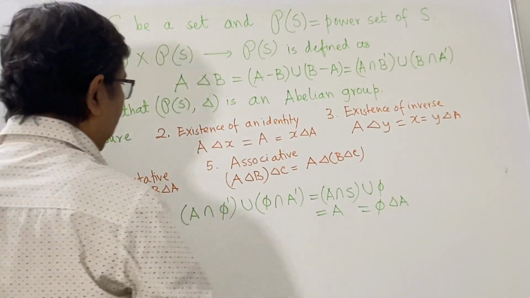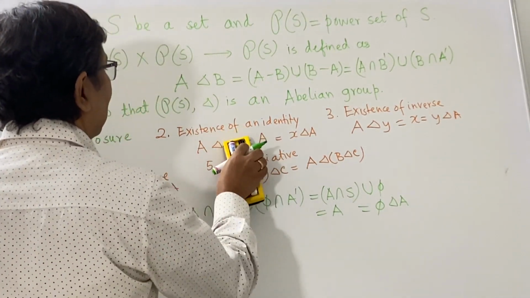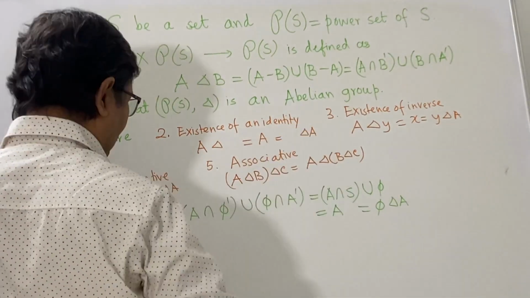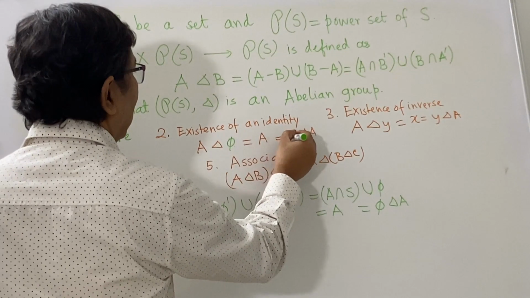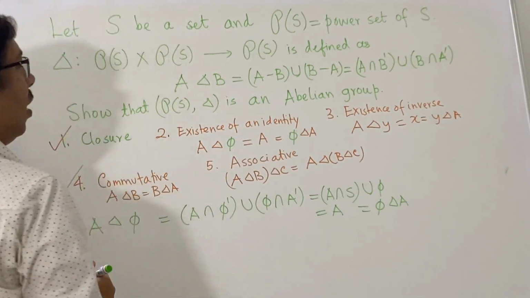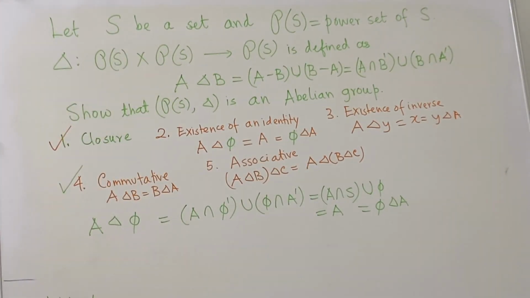We can replace this X with phi, and we claim that phi, or the null set, is the identity element with respect to the symmetric difference operation on the power set of S.